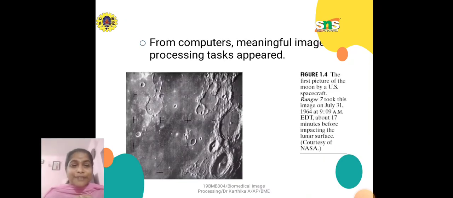Next, from computers, meaningful image processing tasks appeared. This is the first picture of the moon taken by a US spacecraft. See how it looked.